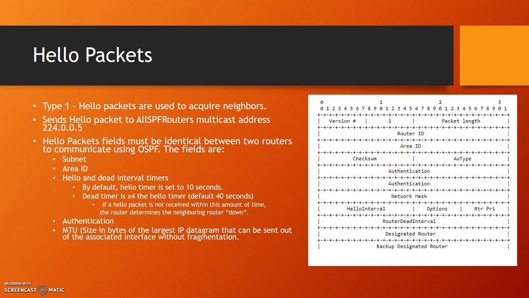The hello interval is how many seconds in between hello requests it will send, and the dead timer is how much time until you administratively consider that interface or router down since it has not been responding. And then also the authentication must be the same, and the MTU must be the same.